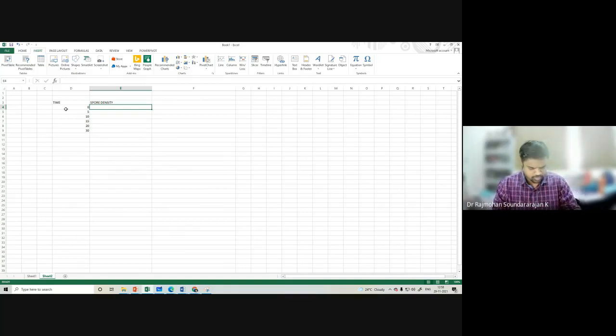This value is 8.5 into 10 power 10. How to write that?